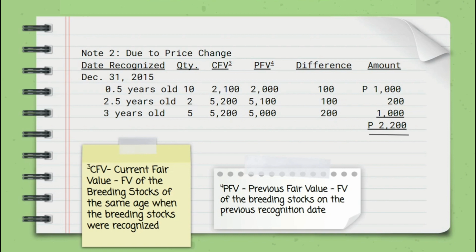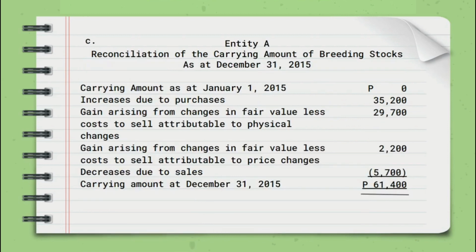And lastly, they also acquired 3-year-olds in the quantity of 5, which has the current fair value of 5,200 and previous fair value of 5,000 pesos, which will give us a difference of 200 pesos and the amount of 1,000 pesos. To add up all the amounts, it would result to 2,200 pesos, which is presented in our reconciliation statement.